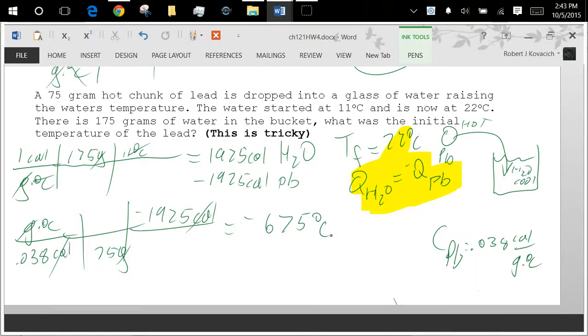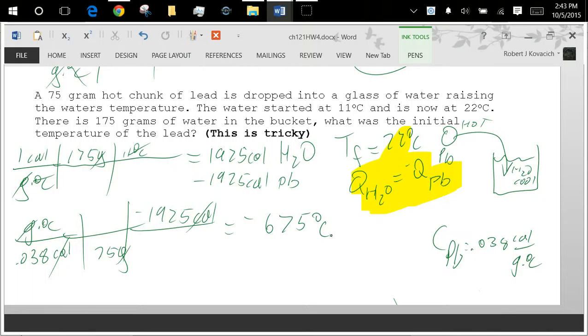That's the amount of heat that it lost. Not heat, not calories. No. What does it say? Temperature. That's how much its temperature dropped. This one step. Its temperature dropped by 675 degrees Celsius.